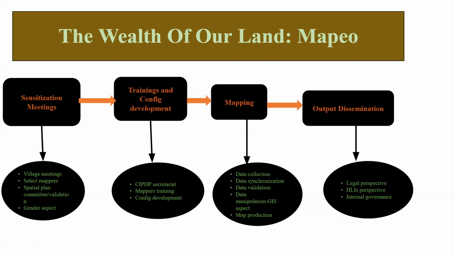We also wanted maps to serve as evidence during the launching of historical land injustices that the community was subjected to. The raw data that was collected in the field was manipulated using GIS technology, and several maps were produced, which were basically outputs.